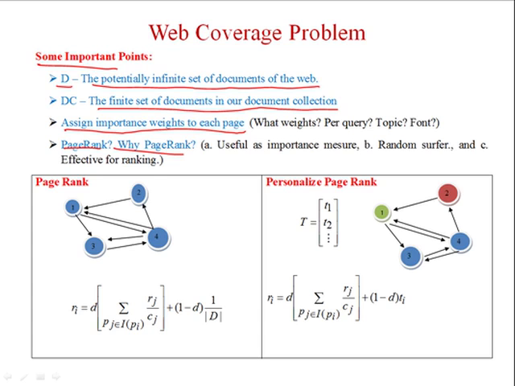Now page rank can be calculated for any given page by using this formula already assigned, and personalized page rank for any page can be calculated by using this scheme, where Ti is known as the personalization factor.